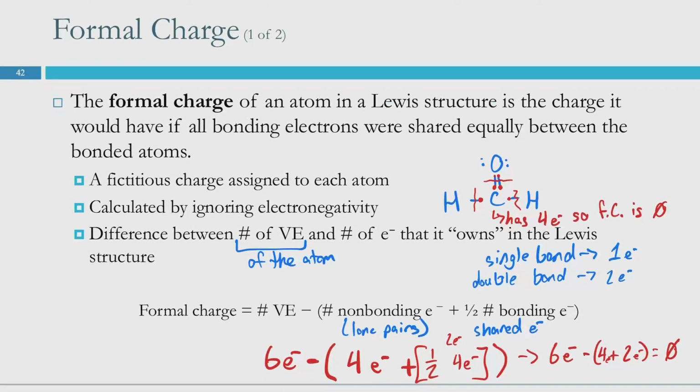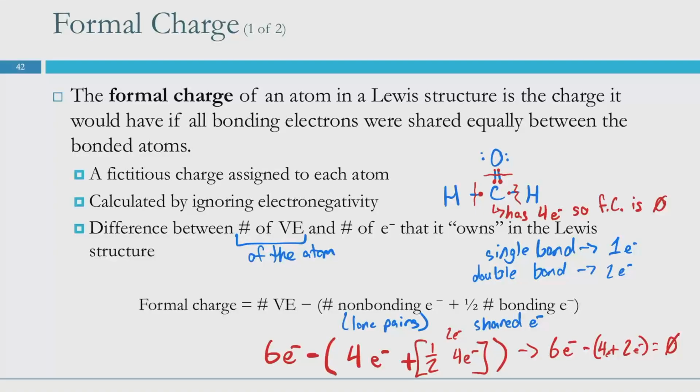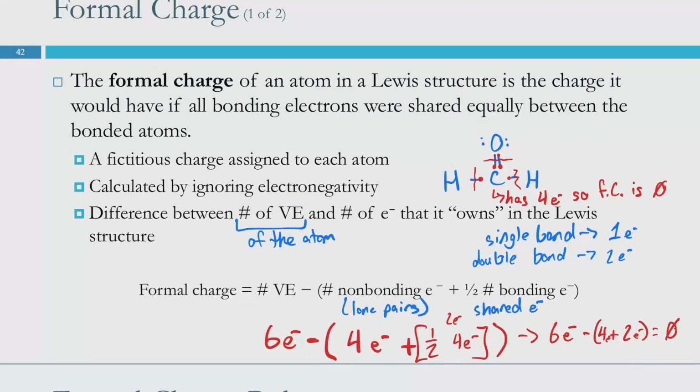So formal charges are made up imaginary charges that we use to keep track of how many electrons each of our atoms has. So our sulfur, our nitrogen, our carbon in the previous example. It's fake, it's made up, it's not real. And we also ignore electronegativity. So we're assuming that we've got pure covalent bonds, nice and equal sharing of our electrons.